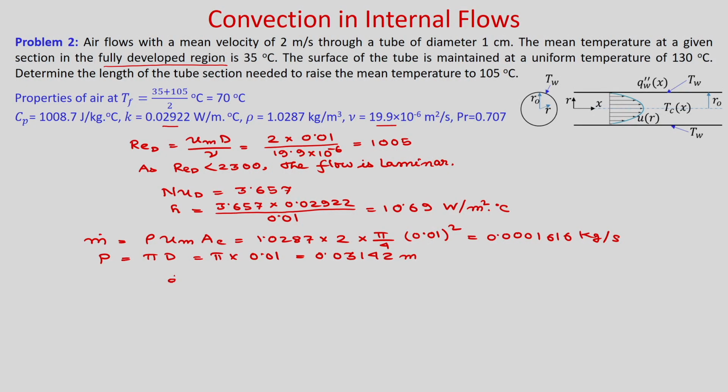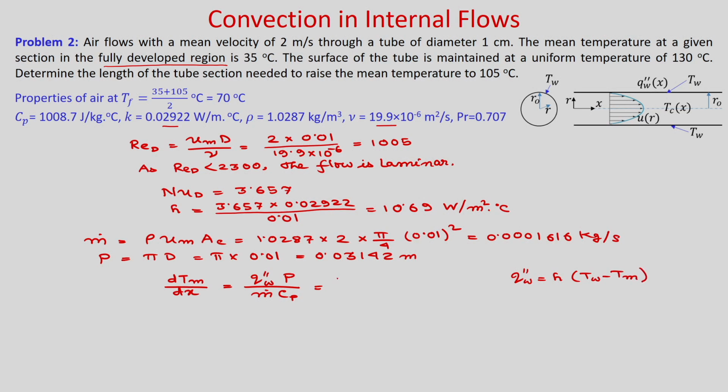Now, from the energy balance analysis we have calculated dTm by dx. If you remember, the expression is dTm by dx is equal to q double prime w P by m dot Cp. So, now q double prime w you can write in terms of heat transfer coefficient. q double prime w is h into Tw minus Tm, right.